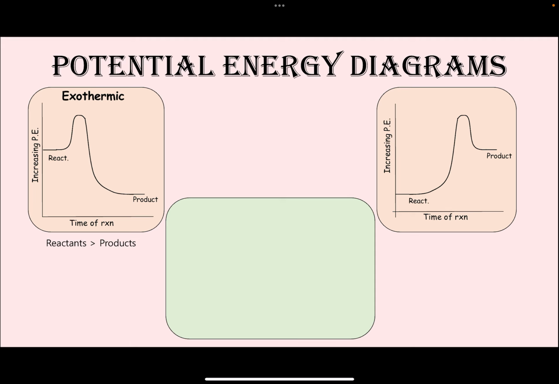So this one represents an exothermic reaction. And then in the second diagram, the reactants have less energy compared to products. So that means in order for the reactants to convert into products, they need to absorb some energy. So that is going to be an endothermic reaction.